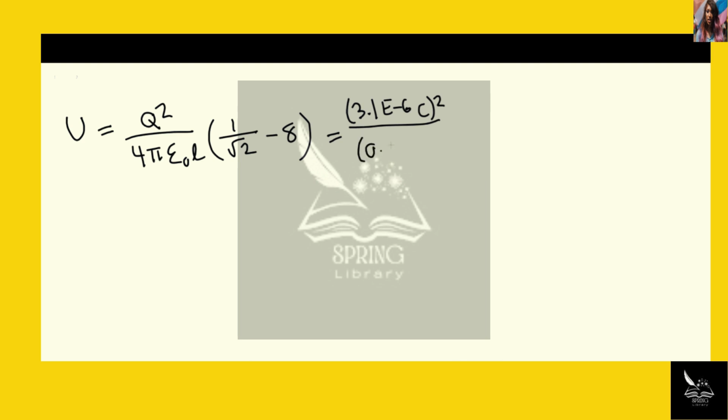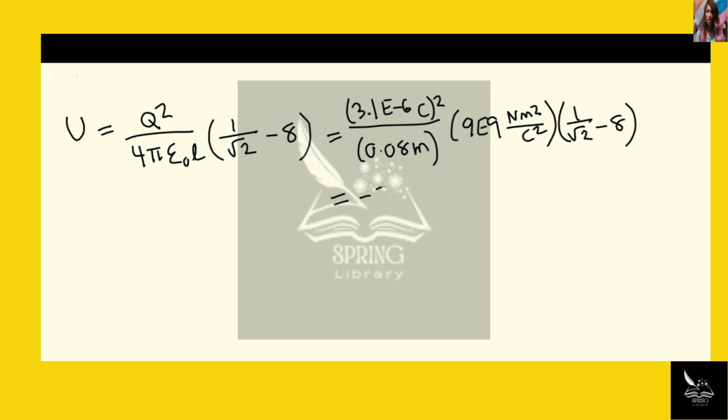So we have 0.08 meters for our distance L. We have about 9 times 10 to the 9 newton meter squared per coulomb squared. That's our 1 over 4 pi epsilon naught. And lastly, we multiply all this by 1 over root 2 minus 8. And we will get for our answer about negative 7.9 joules. And that's it.